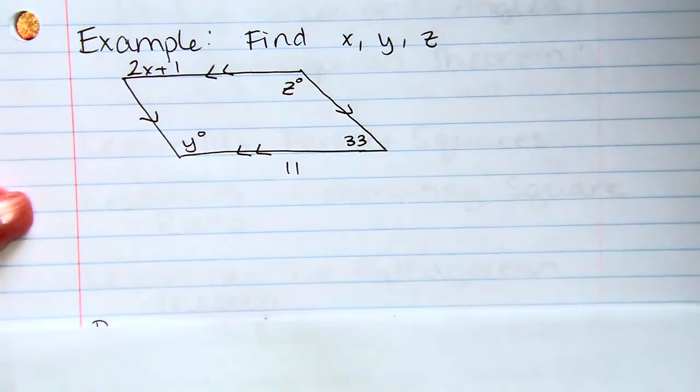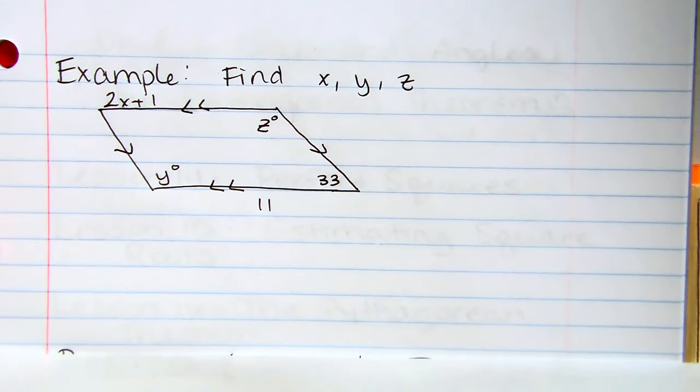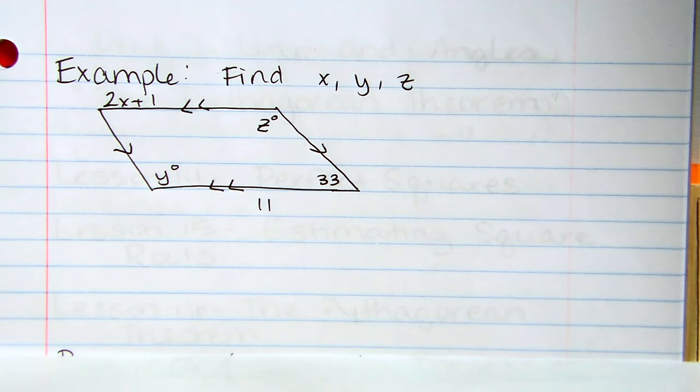So keeping that information in mind, we are going to go ahead and proceed with an example problem. Now in our example, I have this parallelogram. My parallelogram here says find x, y, and z. Now I'm going to begin by finding x.